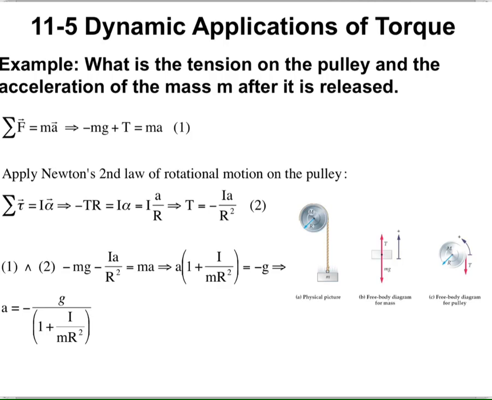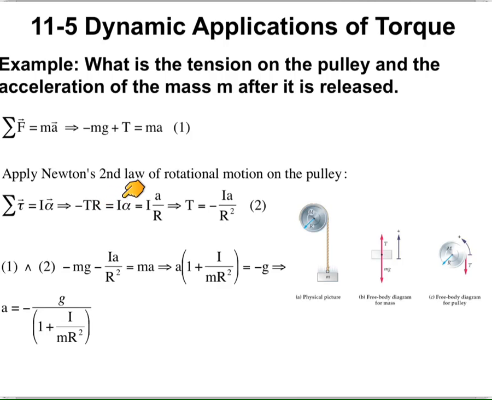But if you observe what the tension force will do on the pulley, it will try to rotate in the negative direction. So the torque in that case is minus, and is minus T times R, because it is the force times the distance of this force to the rotational axis, which is just the radius itself.